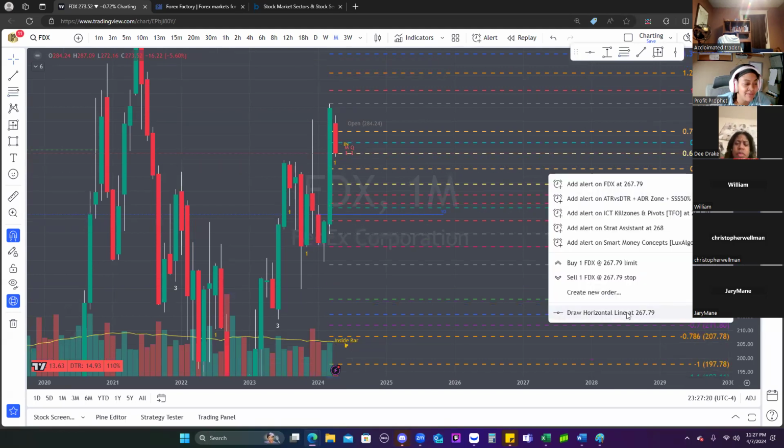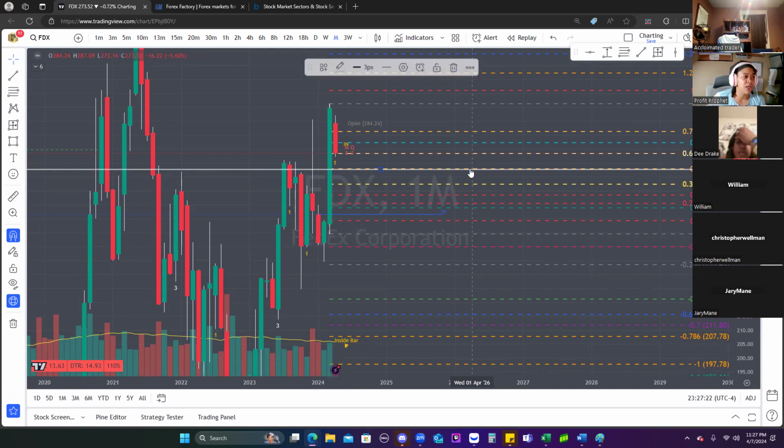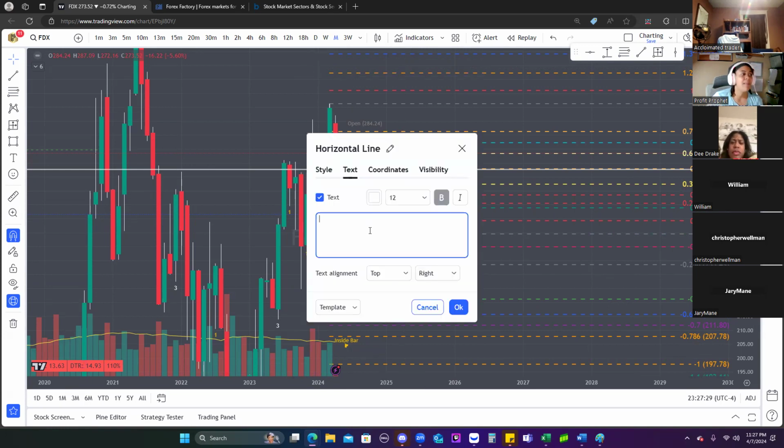So if you're trading FDX, I would look and see where we're at as far as the 267.79 area. Mark that on your charts if you trade this. It's 50% of the monthly. Okay, get your fingers together.